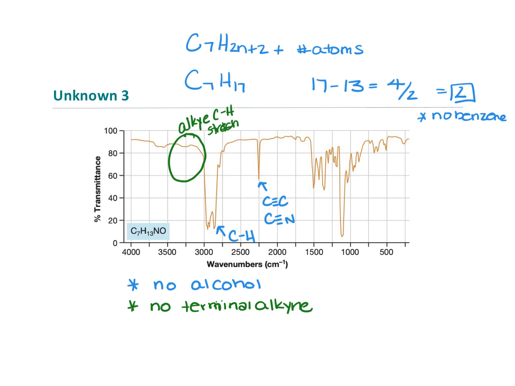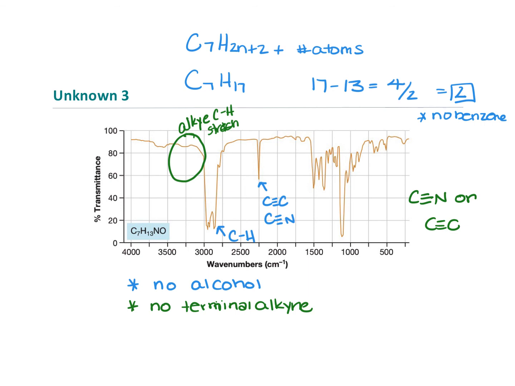Now, we've got an IDH of 2, so it's either going to be the carbon nitrogen or the carbon-carbon triple bond, because each of those would give us an IHD of 2, okay?